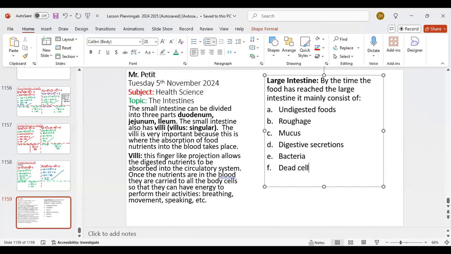Dead cells from the canal lining, right? Waste, waste bile pigments, and this is what gives the feces its color.